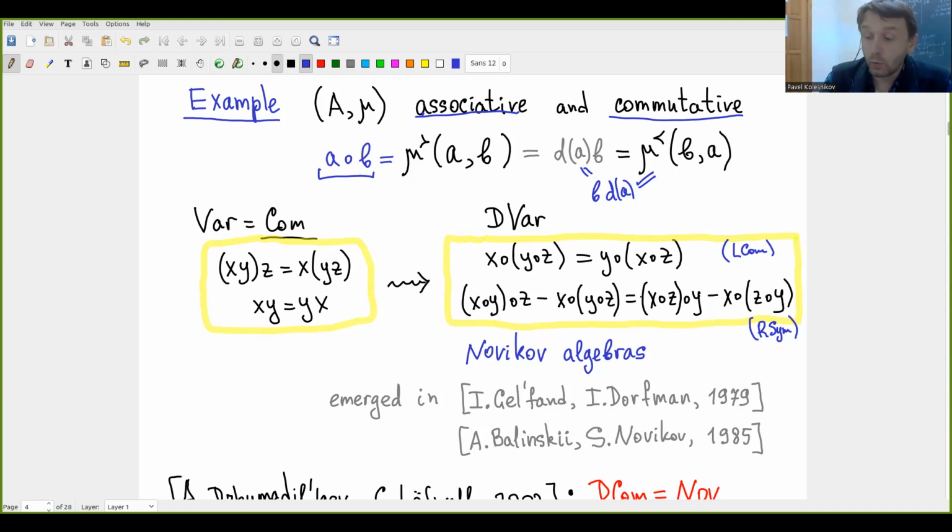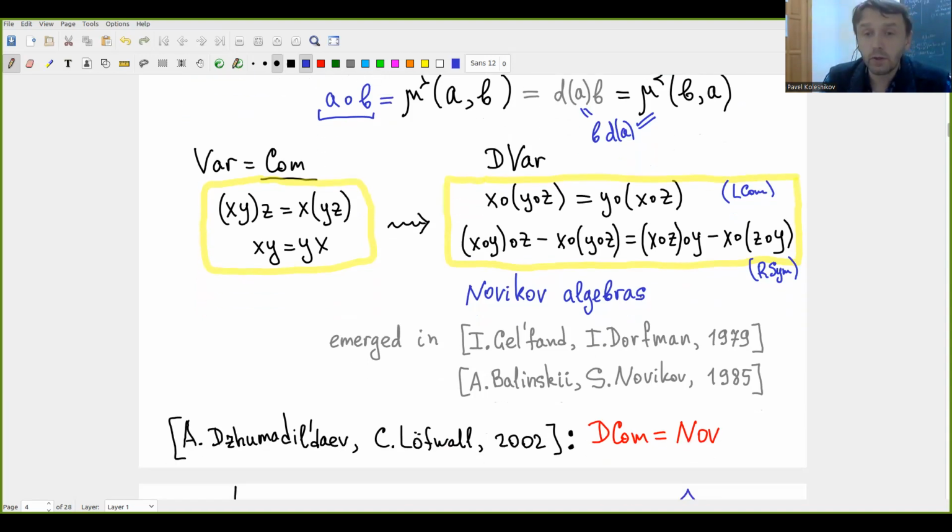And there was a nice story about structure theory of Novikov algebras, but what is essential for us today is the result by Jumadildaev and Le Fall of 2002.